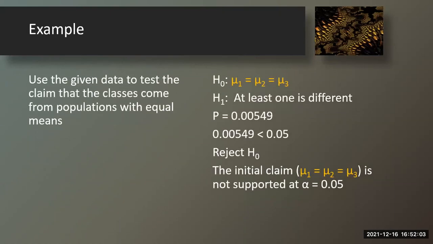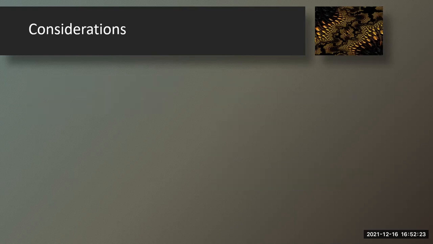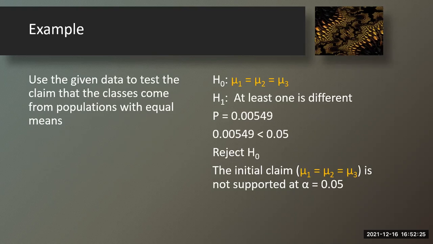Notice how I've written my null hypothesis. We're going to test that they come from populations with equal means: mu1 equals mu2 equals mu3. The alternative is that at least one is different. We rejected the null, so the initial claim is not supported. That does seem to indicate that at least one of those populations is different.